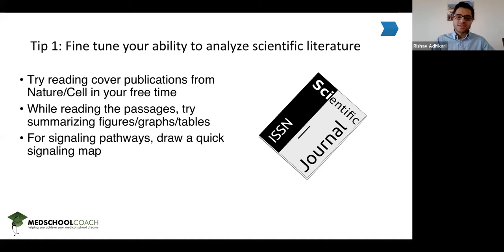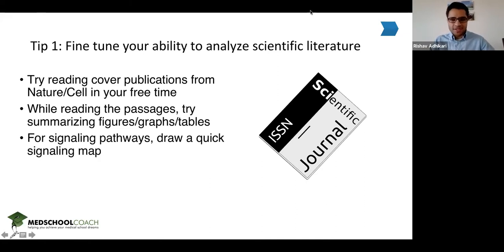So for my students, when they're reading through the passages, I like to have them, for each figure, summarize what the experimental setup associated with this figure is. What is the independent variable? What is the dependent variable? And are there any results that, just looking at this graph, stand out to you? That's a sentence or two. Sometimes they even write it out if they have the time to. But for every figure, just be able to summarize briefly what that figure is trying to tell you.